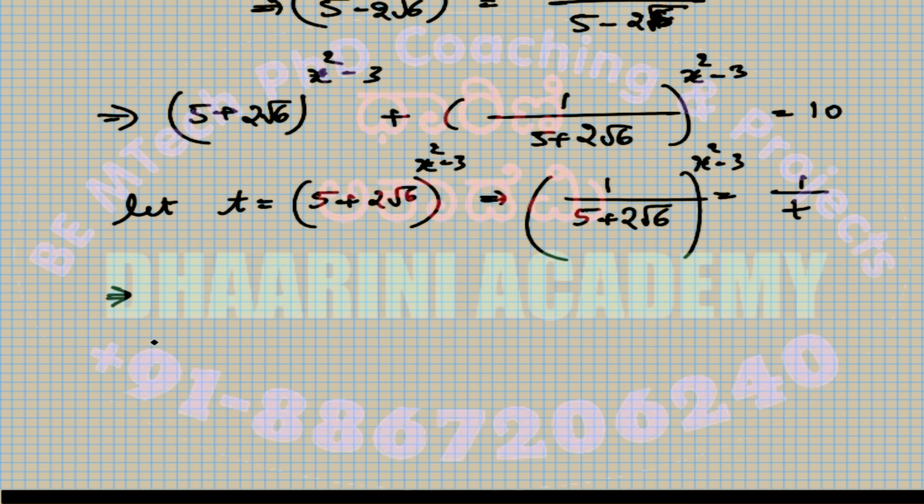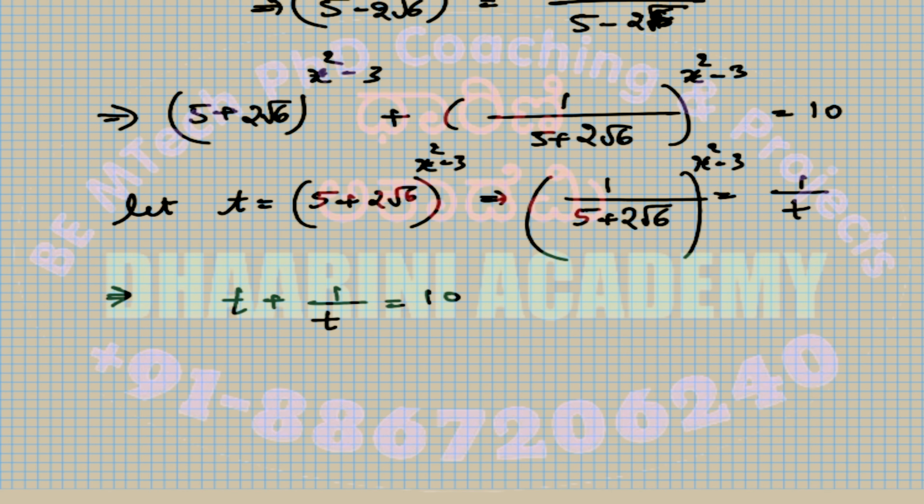So this implies 1 divided by that is equal to 1 by t. So the given equation is simply now t plus 1 by t is equal to 10. So starting from a complicated notation, we reduce this to a simple notation. Now let's see how to solve this.